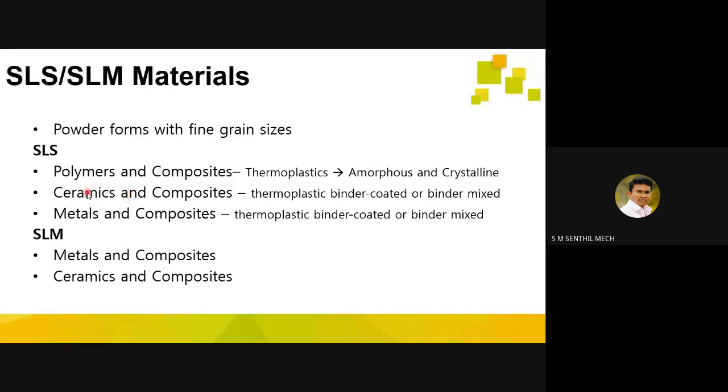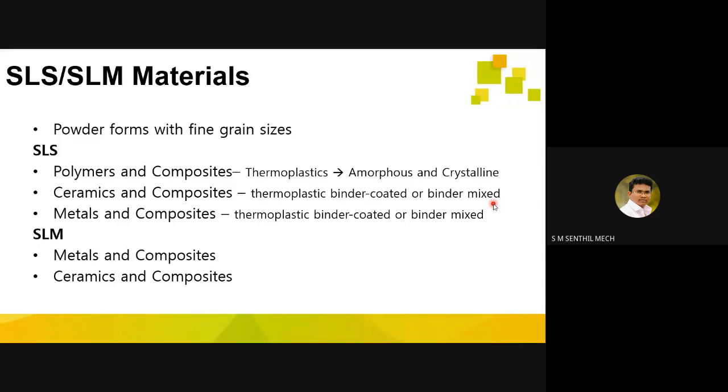When we are talking about ceramics and metals, the ceramic and metal powders usually have a thermoplastic binder coating or binder mix. Over the powder particles of ceramics and metals, we coat a thermoplastic binder.